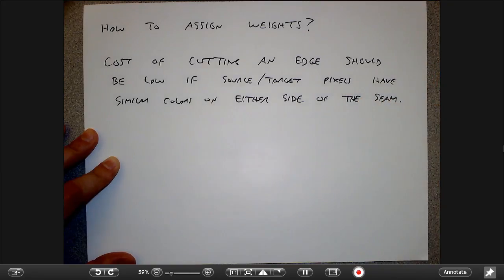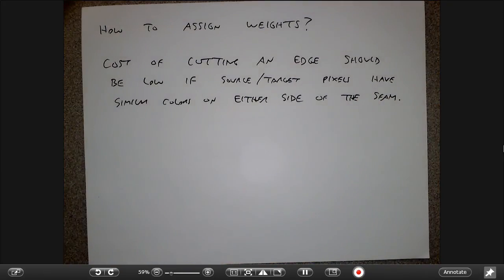Right? What that kind of means is that if I were to draw the line between those 2 pixels, since pixels i and j in the source look basically like pixels i and j in the target, if I take i from one and j from the other, I'm not going to introduce some weird edge that wasn't there in either the source or the target, right?